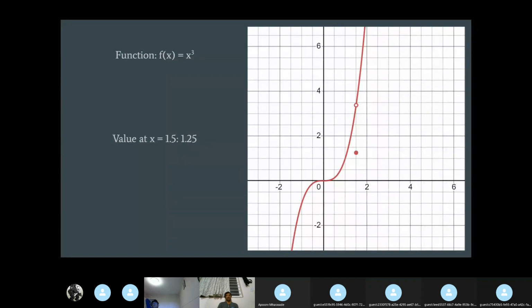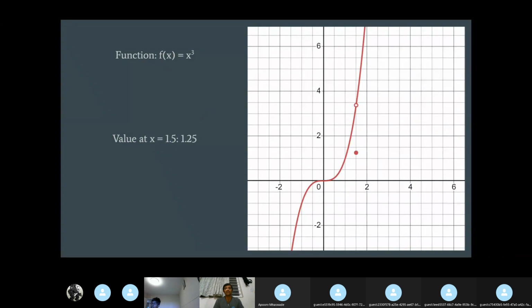As we've seen before, it may be the same as the value of the function, but it may not be the same. So does anybody know the limit of the function? I'm going to guess here, but I think it's 2.25.